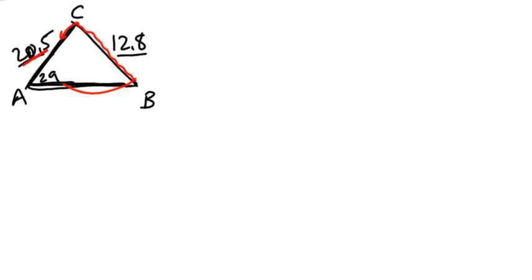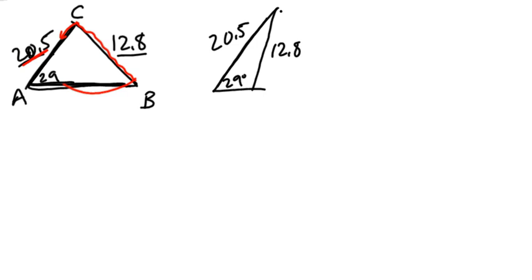So I would have the new triangle, 20.5. I'd still have 29 degrees. But now my 12.8 comes down like that instead of out like that. Different ways to draw a triangle with those three key pieces of information.